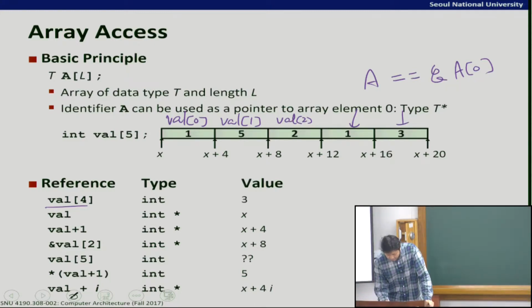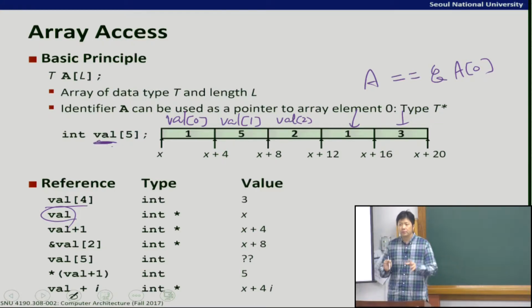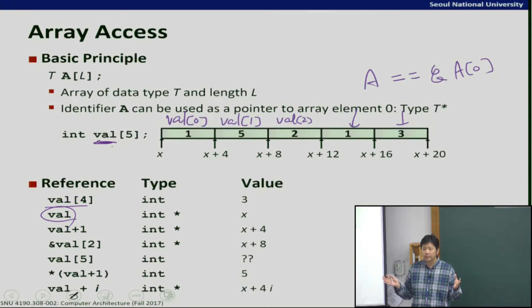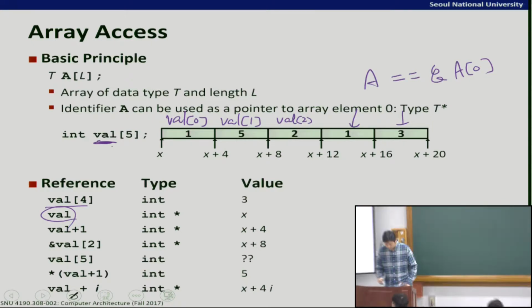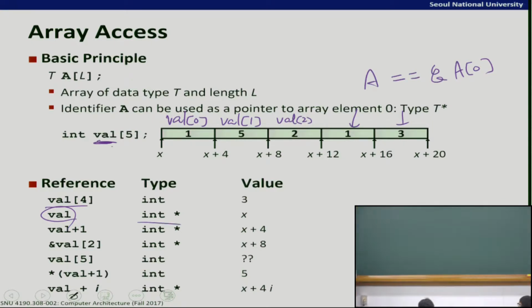What will be the value of val? This one will be this guy. So it will be the starting address of the entire array, right? That's the convention. This one's type is an integer pointer type, and the value will be x. X is the starting address of this entire array, right? What about val plus 1? Val is the pointer, as I said.